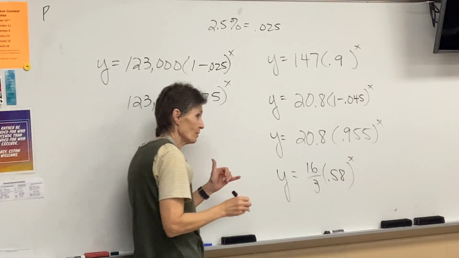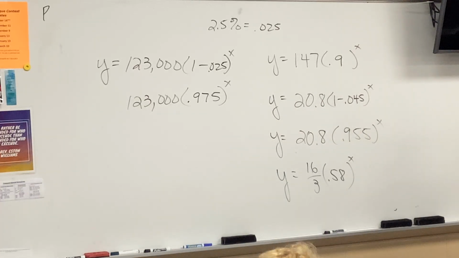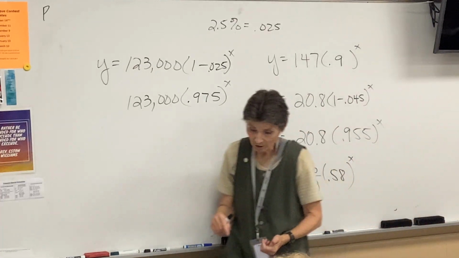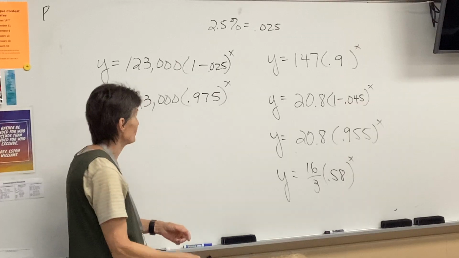Did everybody follow all those steps? We had to change 2.5% into a decimal. Then we had to subtract it from 1 because our population is decreasing. If it had been increasing, we would add it to 1. All right, now we gotta answer the question. What will the population be in 2010?